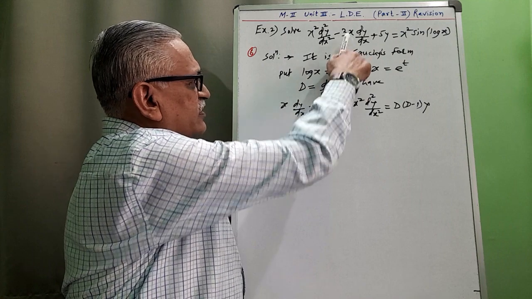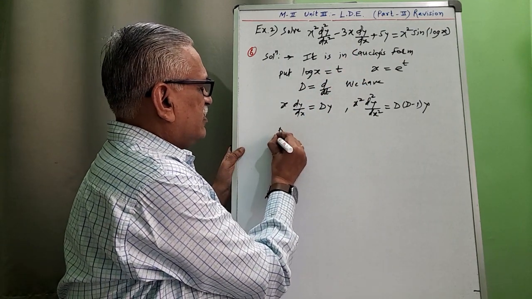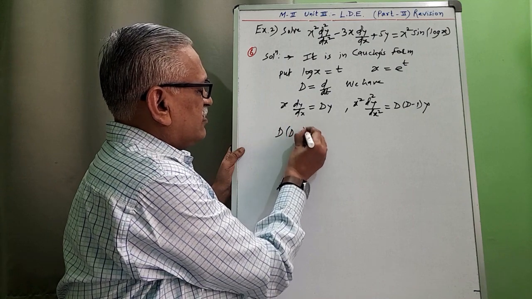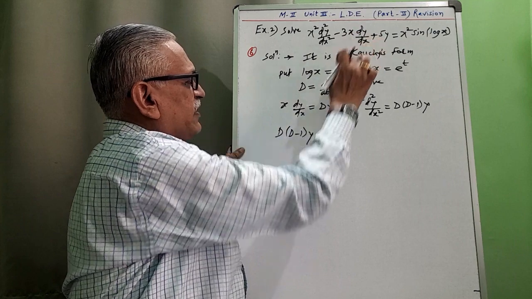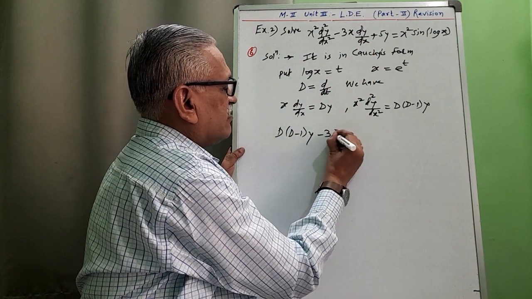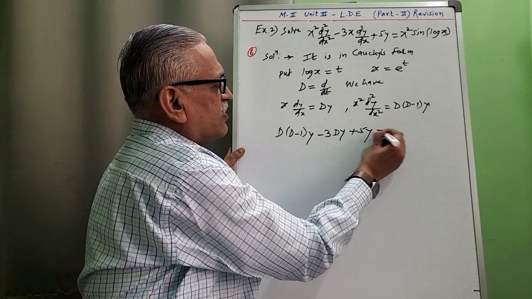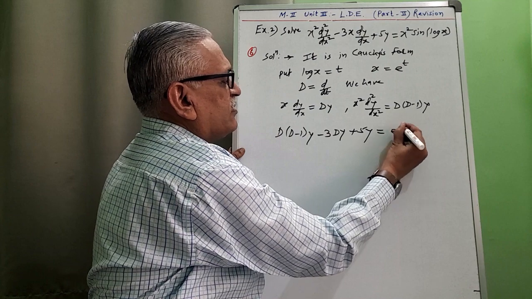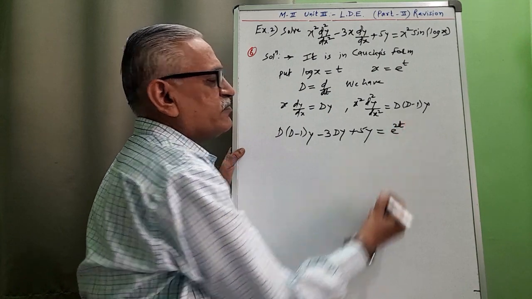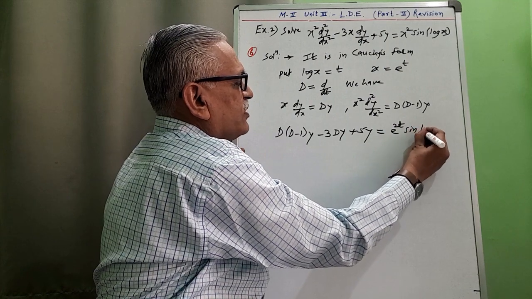Substituting these two values here, the equation becomes D minus 1 into Dy minus 3 times x dy by dx, which is Dy, plus 5y is equal to x square sine of log x. But x is e raised to t, therefore the square of it becomes e raised to 2t, and sine of log x is sine of t.